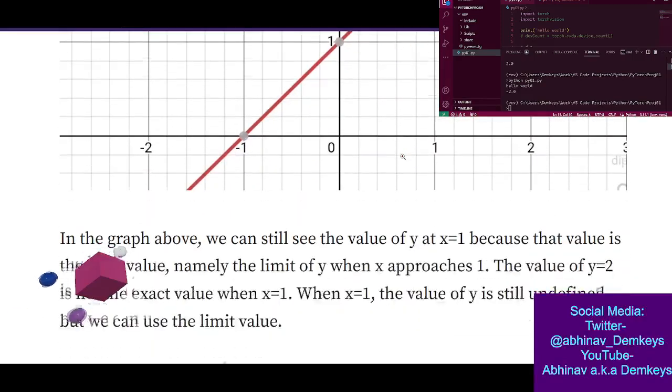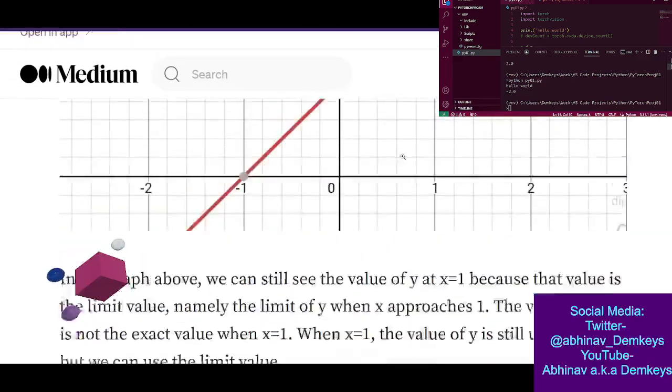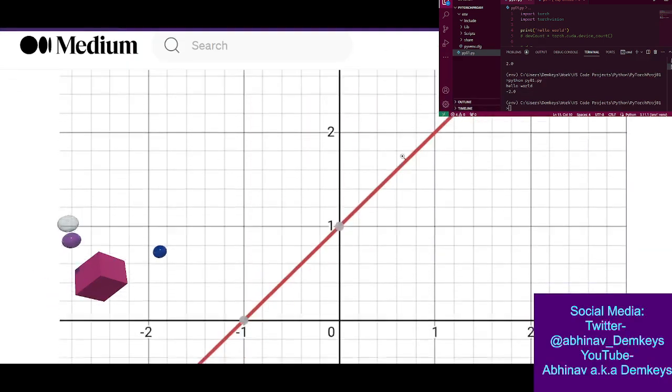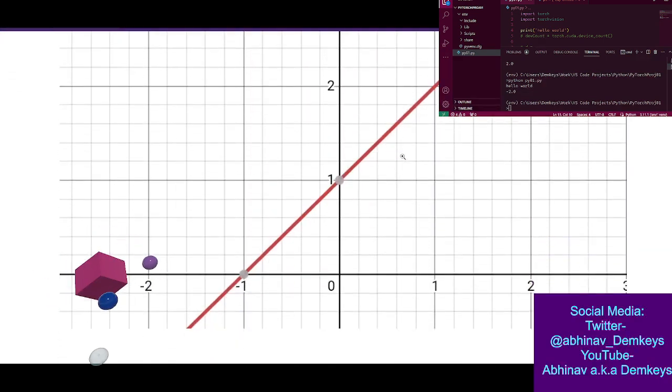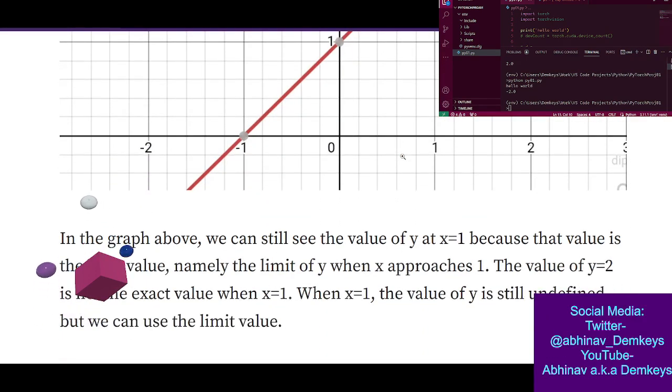Okay. In the graph above, we can still see the value of y at x equals 1. Because that value is the limit value, namely the limit value of y when x approaches 1.